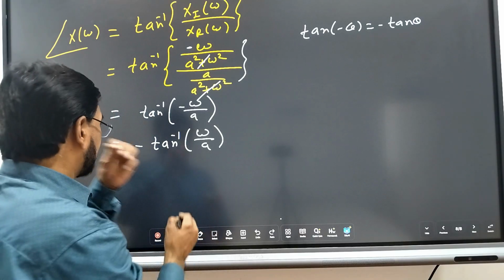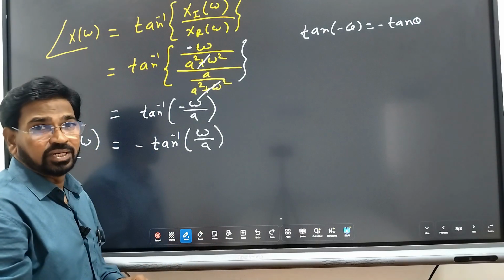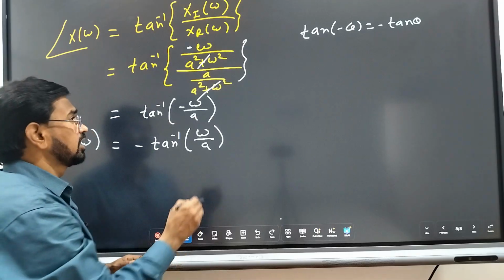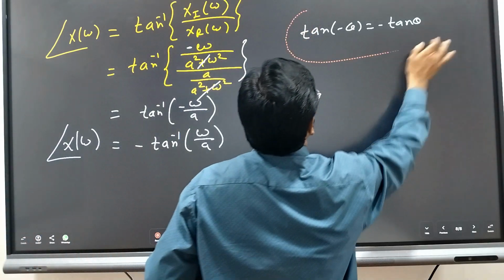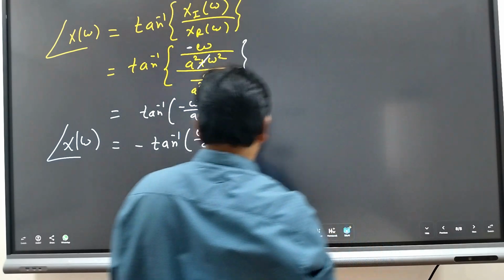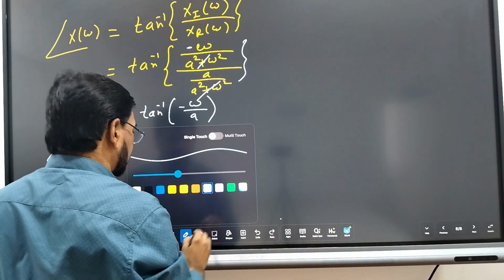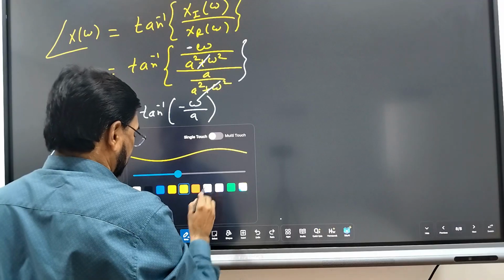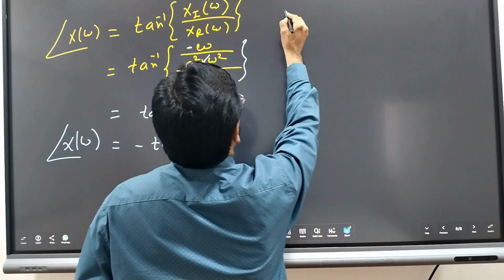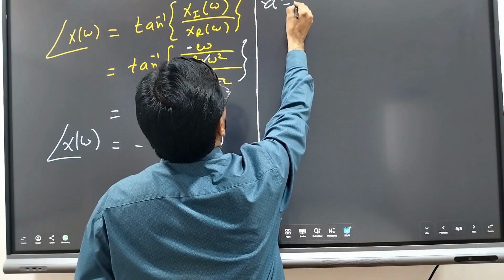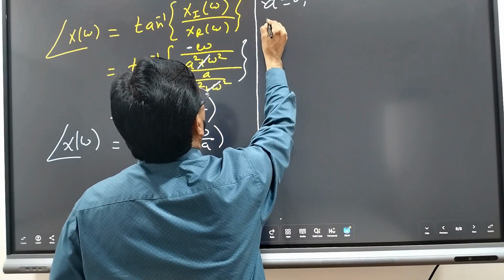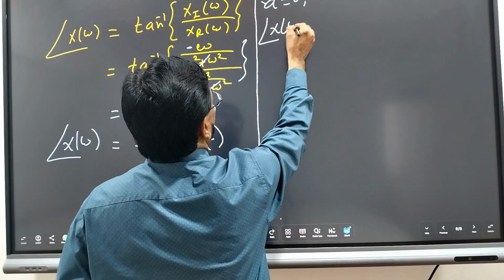Now here see, we took a equal to 0, so what will happen? Let us take a equal to 0. So what will be the angle of X of omega?